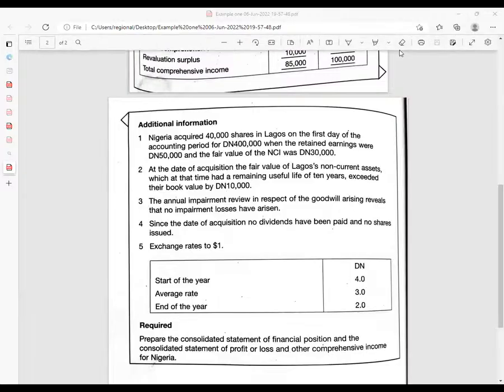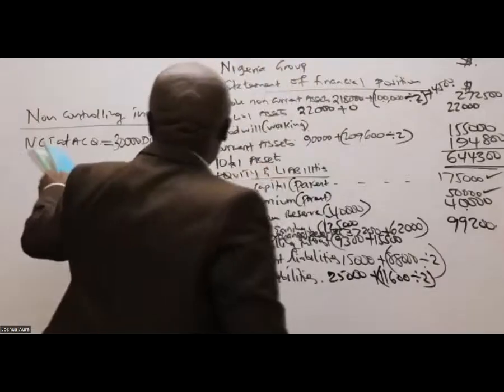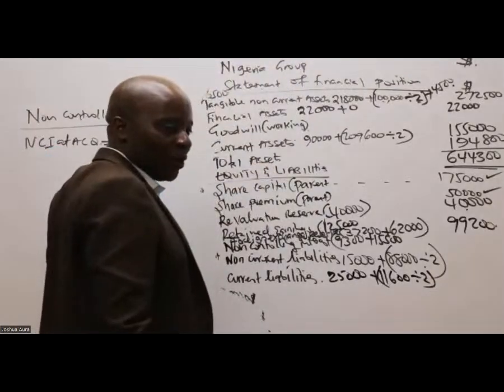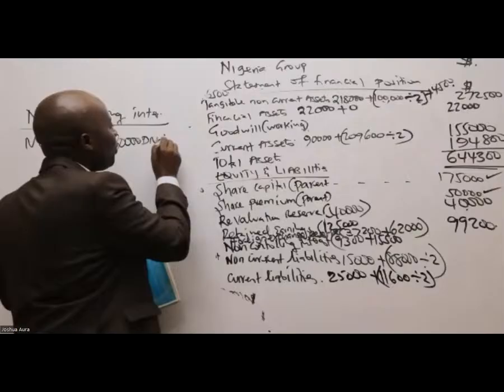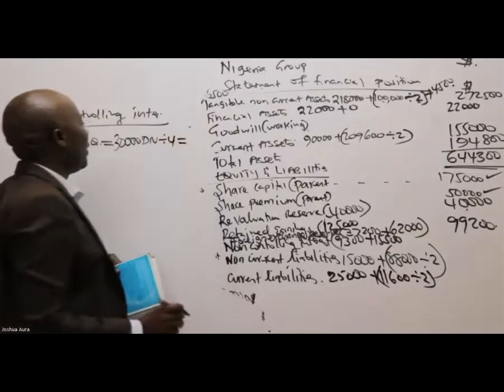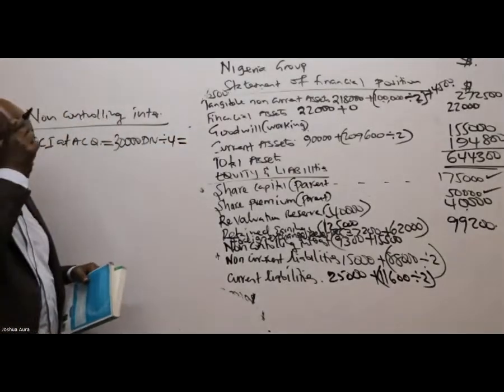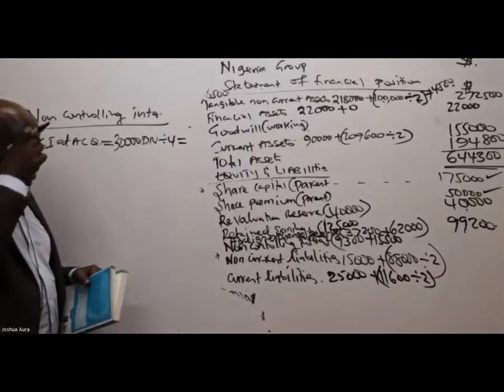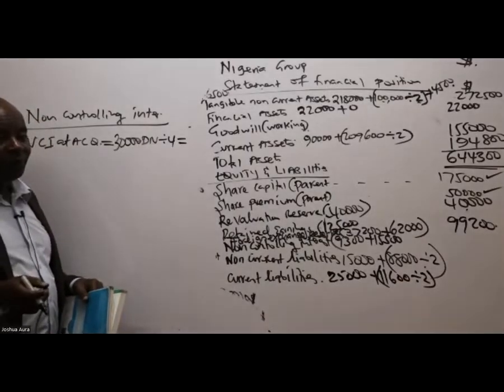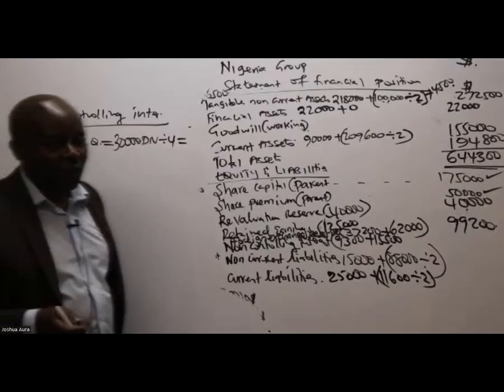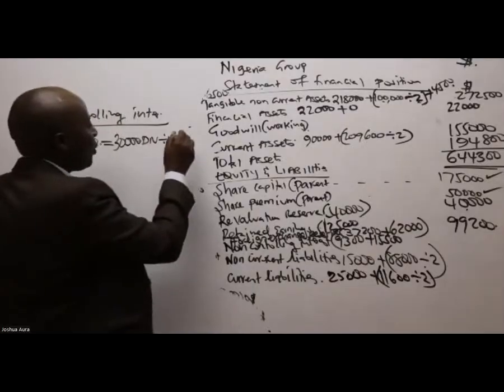We are saying NCI at acquisition, at 4. So divide this with 4. Could you kindly give me this figure? Yes, 7,500. Thank you very much.